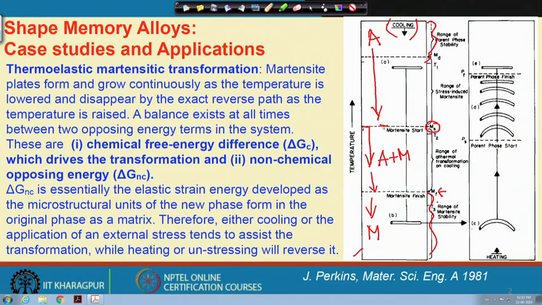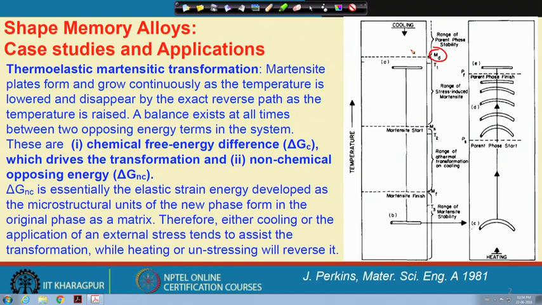That is what we learned from this Clausius-Clapeyron equation and diagram. And so, this Ms temperature can be increased by the application of stress. In such a situation, we do not really call it Ms, but rather Md.